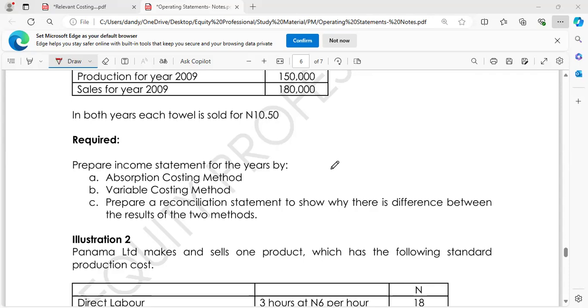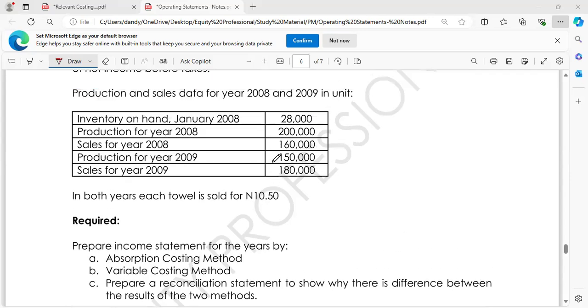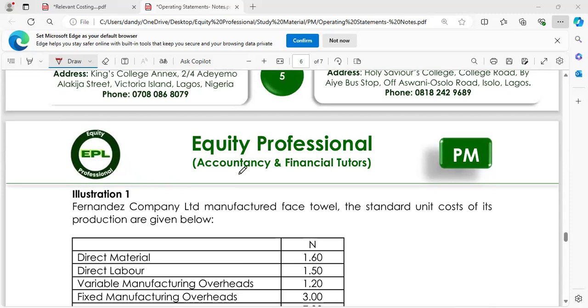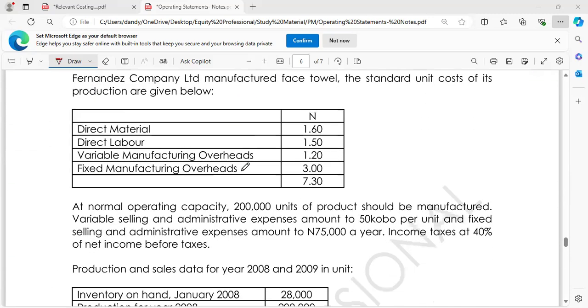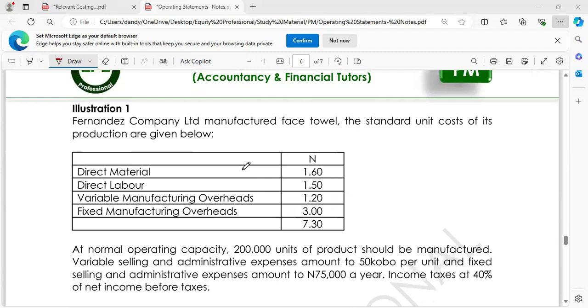So if that is the case, I want to prepare the income statement using absorption. Before you get to solving any question, you must understand the underlying concepts in the question. You must know how to prepare your income statement.